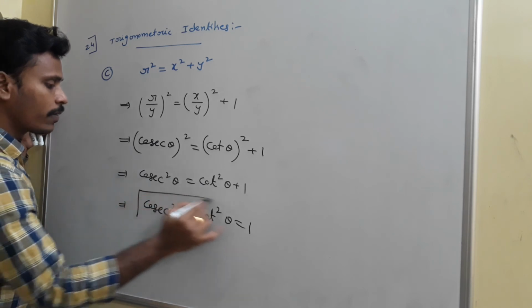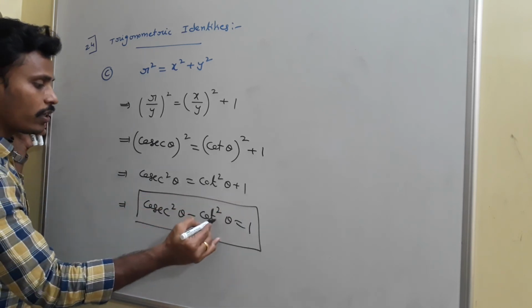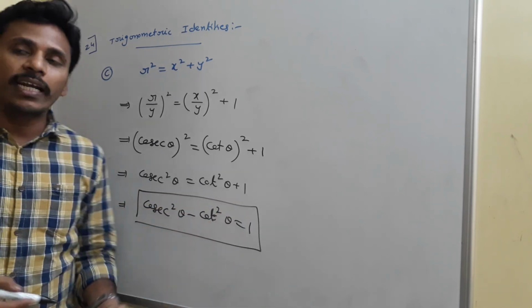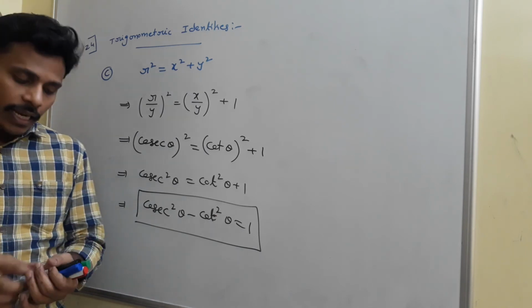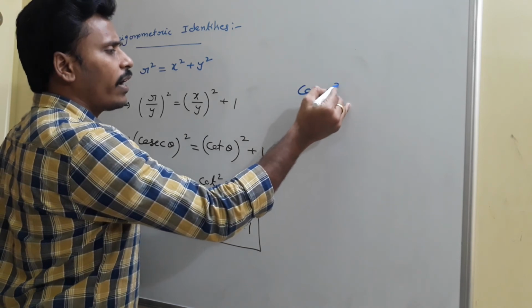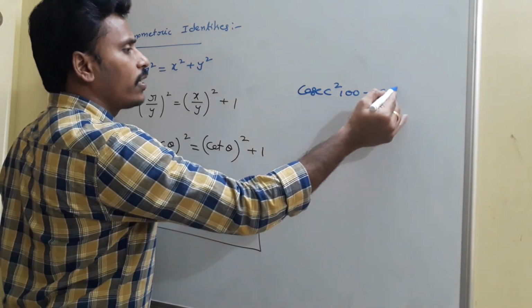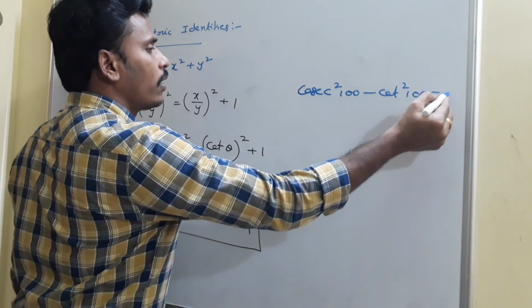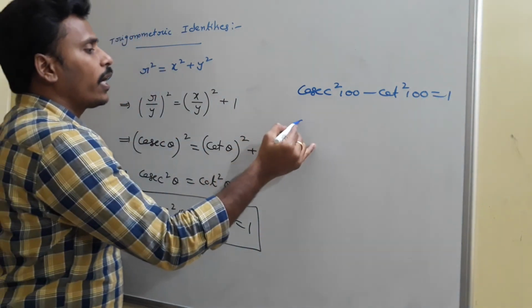Just have a look at this. Cosecant square theta minus cot square theta is equal to 1. And again, this identity is also acceptable for any angle. If you replace theta with 100 degrees, cosecant square 100 degrees minus cot square 100 degrees is equal to 1. You may take negative angles also.